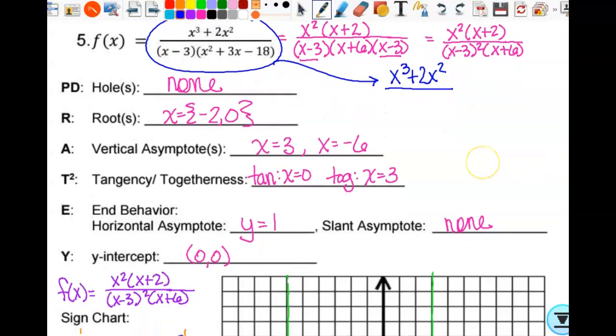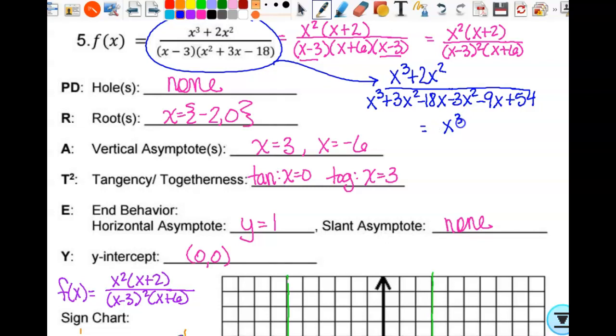Then I've got to multiply these two together, so I'm going to distribute that x first. That gives me x cubed plus 3x squared minus 18x. Then I distribute the -3, and I get -3x squared minus 9x plus 54. And then I clean up the denominator.